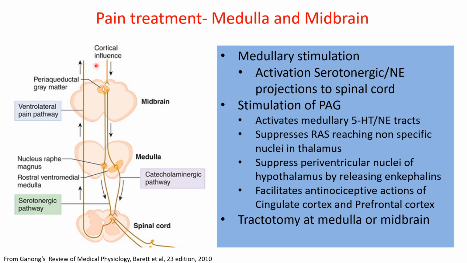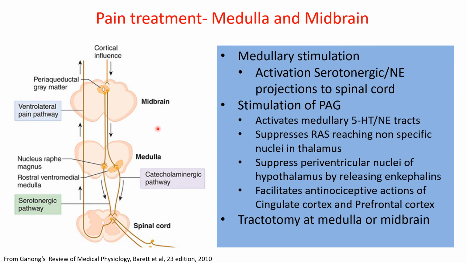That would reduce the pain that is ascending, the further transmission. The enkephalins will also be released into the ventricles, and there are periventricular nuclei of the hypothalamus, and these periventricular nuclei will also suppress the pain or pain related responses.